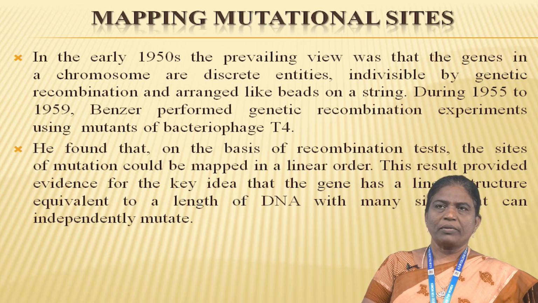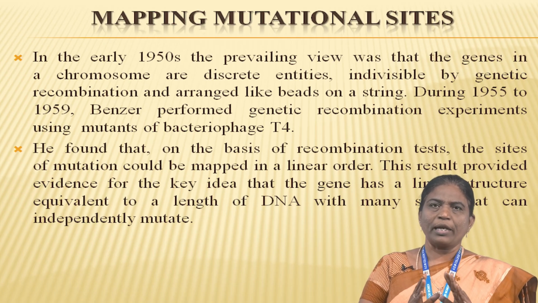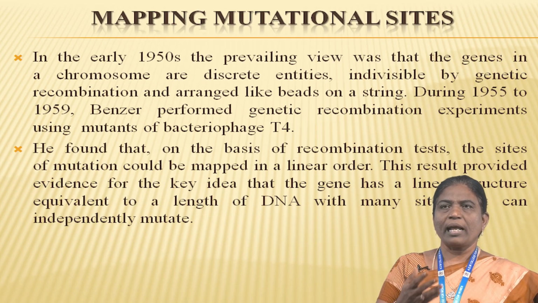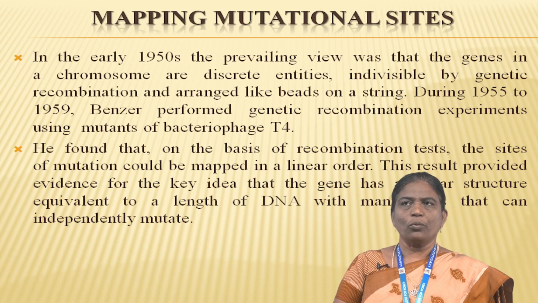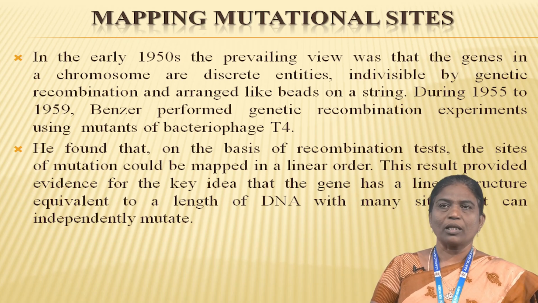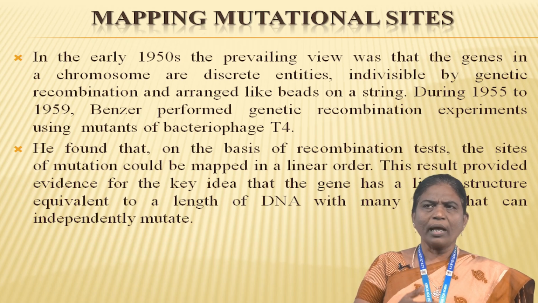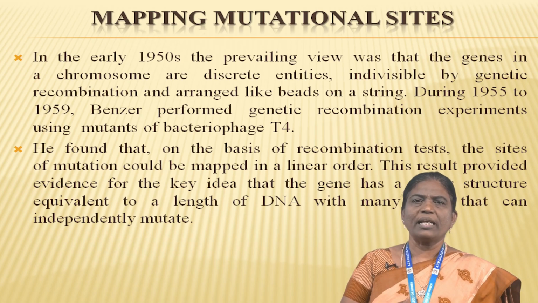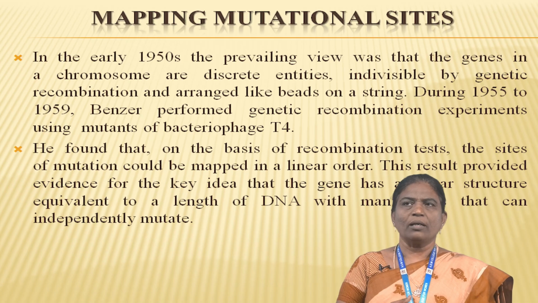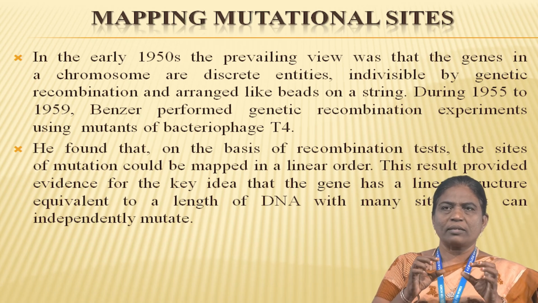When we see the mutational sites related to mapping, in the early 1950s, the prevailing view was that the genes in the chromosome are discrete entities, individualized by genetic recombination, and arranged like beads on a string.